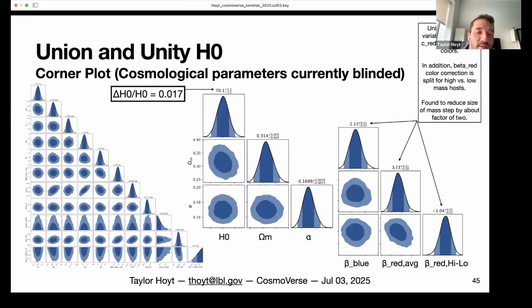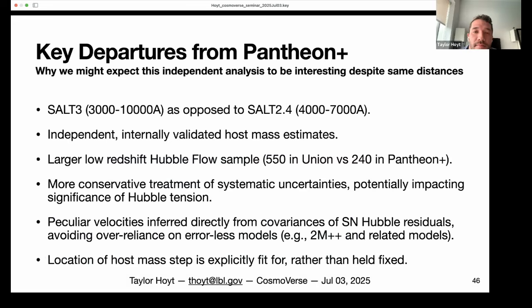Briefly, these are just corner plots we have from the blinded Union analysis so far. We're expecting a 1.7, 1.8 percent measurement of H naught. I won't get into too many details there.